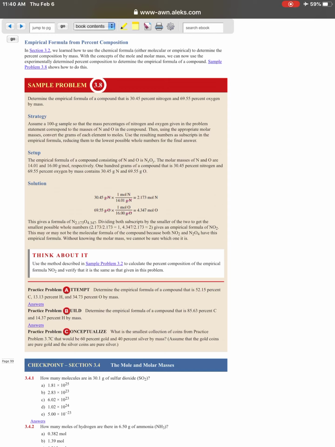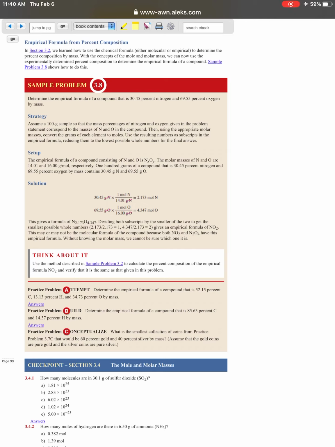If you have 100 grams of the compound, then you would have 30.45 grams of nitrogen and 69.55 grams of oxygen, right? If you have 100 grams, adding up the percentages has got to be equal to adding up the masses. They're both going to be 100. So we assume we have 100 grams. That way the numbers we're already given can be used as the masses of the elements.